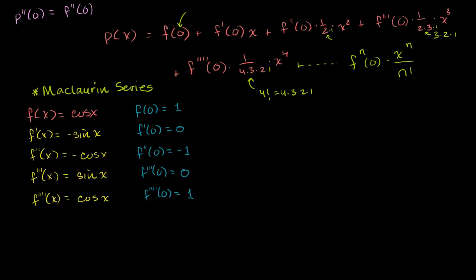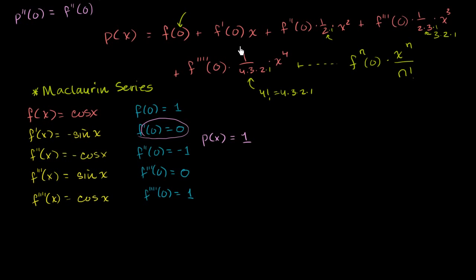So let me do my best attempt at this. Our polynomial approximation of cosine of x is going to be f of 0, which is 1. And then plus f prime of 0 times x. But f prime of 0 is just 0, so we're not going to have this term over there. It's going to be 0 times x. I won't even take the trouble of writing it down.